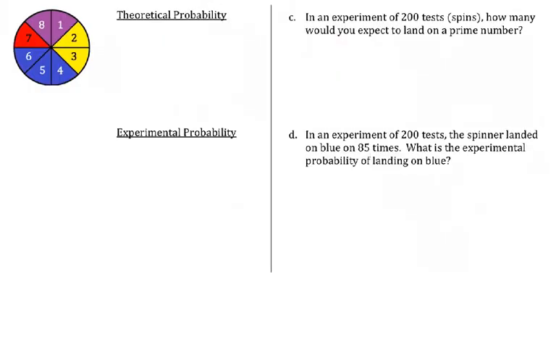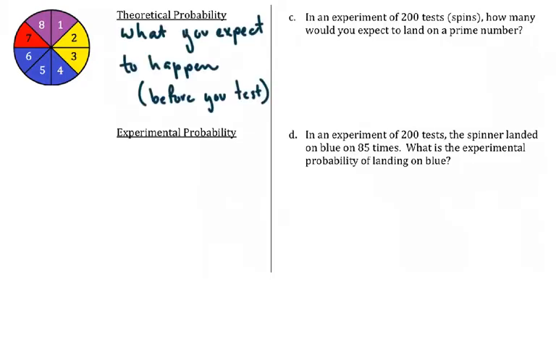Looking at this spinner, I want to talk about the two different types of probability that can happen. We can talk about theoretical probability, which is what we've been doing up until now, and we can talk about experimental. So theoretical probability is what we expect to happen. What would the probability be in a perfect world? And that's what we've been doing up till now. So theoretical probability, right, we expect that 25% of the time it would land on yellow on this spinner.